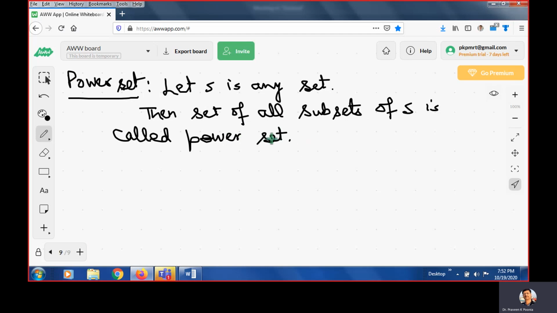It is called the power set, and it is denoted by PS. And there is one more important thing I want to tell you. Very important. Please remember this.